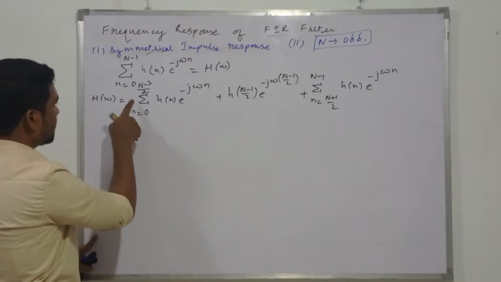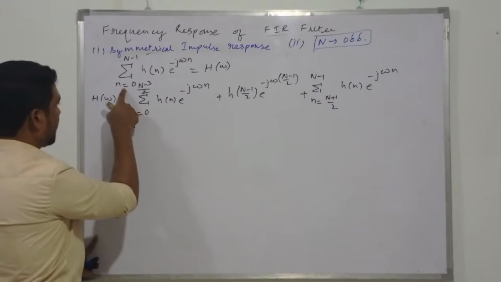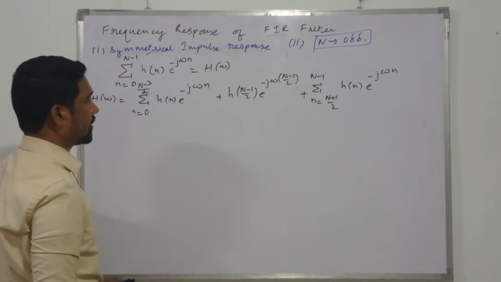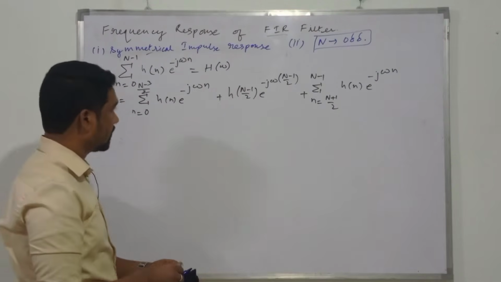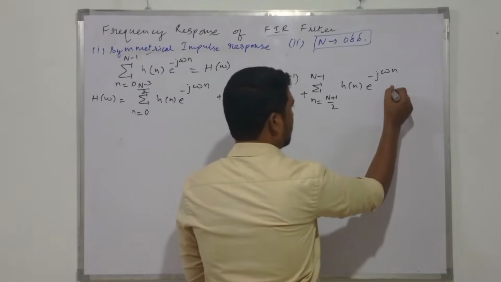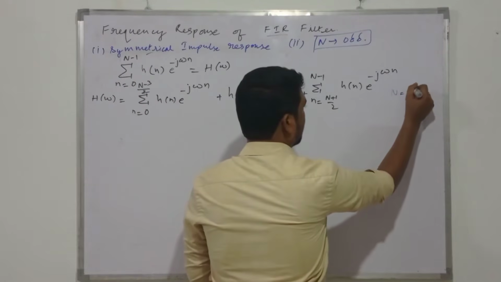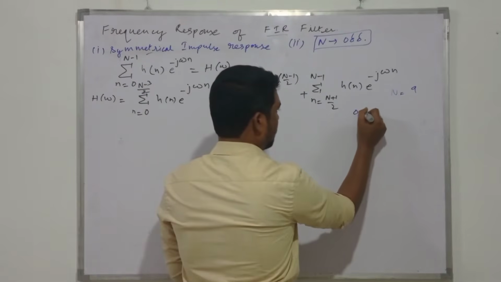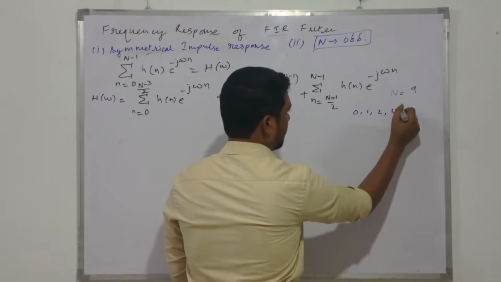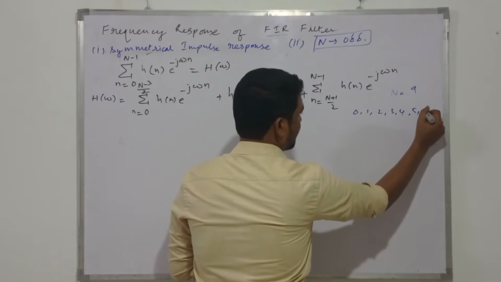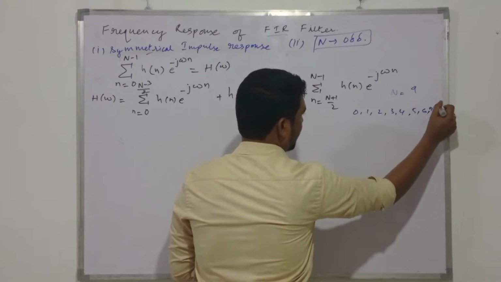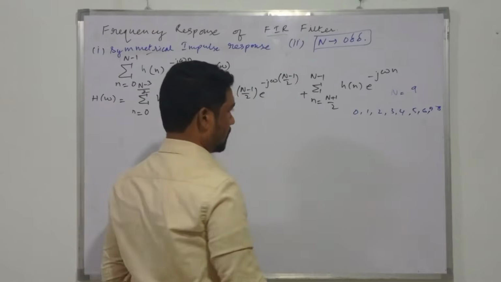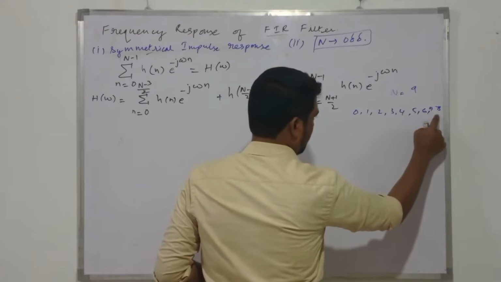So guys, the summation could be split like this. We need to have all the n terms from n equal to 0 to N minus 1. Let's check with any random odd number, let N equal to 9. So what are the indices we have? It will be 0, 1, 2, 3, 4, 5, 6, 7, and N minus 1, it's 8. So this will be 9 in total.